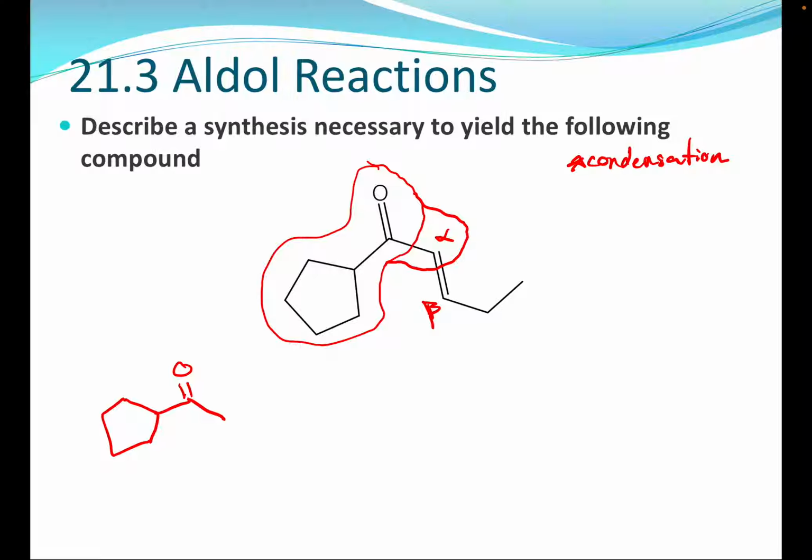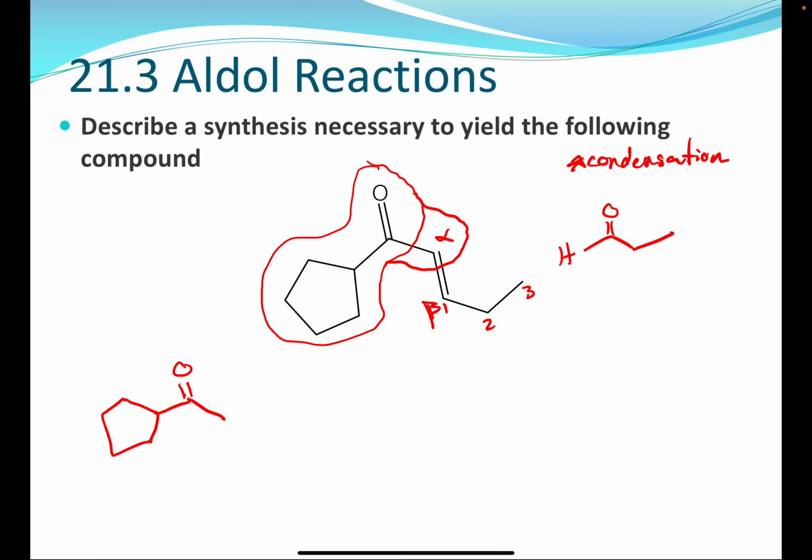Then the beta position is the beginning of the second substrate, so to speak. So here we would call this 1, 2, 3 carbons that were in the other starting material. And so the rest of this molecule, or the starting material that gave us the rest of the molecule, should once again be this propanal.